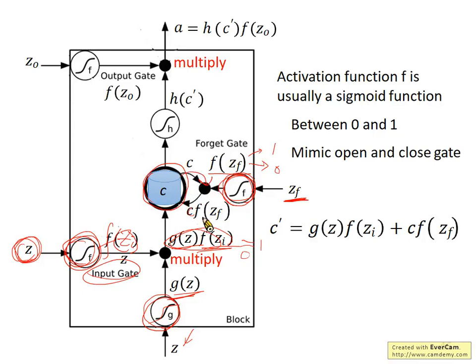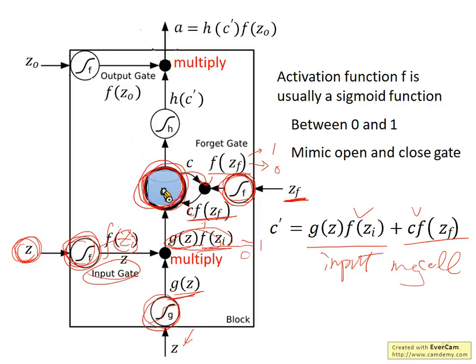So c is multiplied by f(Z_f), and then we sum these two values together. We will get a new memory information c'. c' is equal to g(z) f(Z_i), which is from the input, plus c multiplied by f(Z_f), which is from the original memory cell. We combine these two values to generate new memory information c'.